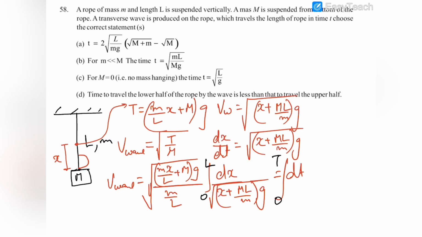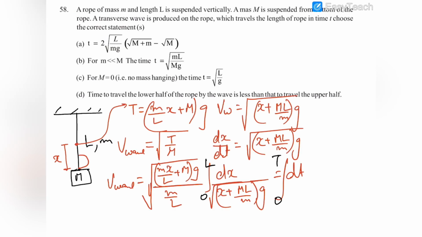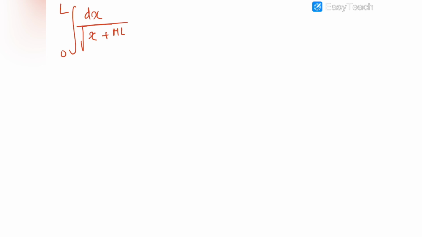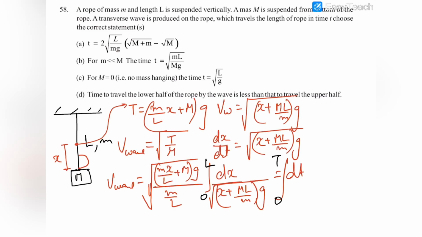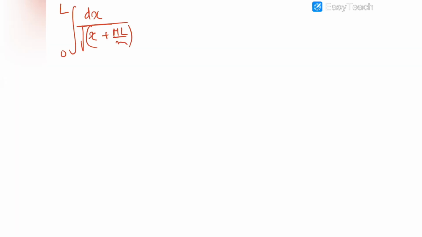Now integrating that side, this is dx upon 0 to L, dx upon under root of x plus ml by m, and this is g, and it is equal to integration 0 to t.